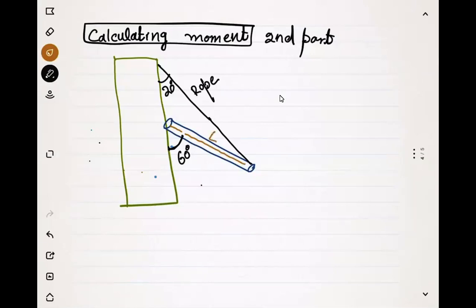this length is L. So we'll say that the rod is uniform, which means that the weight will act in the center.